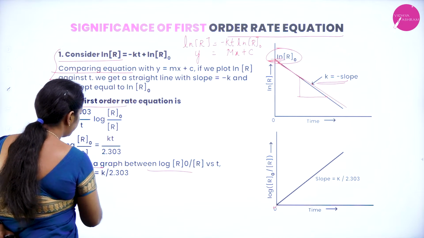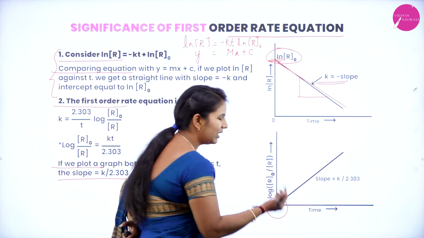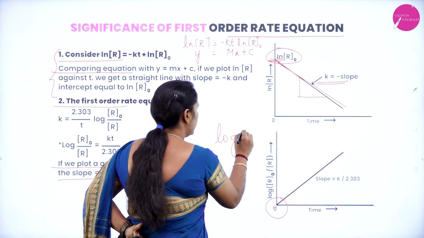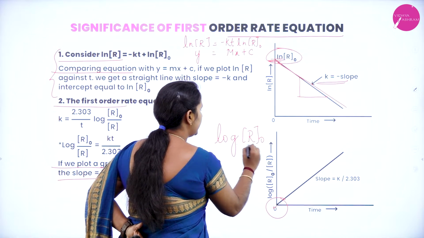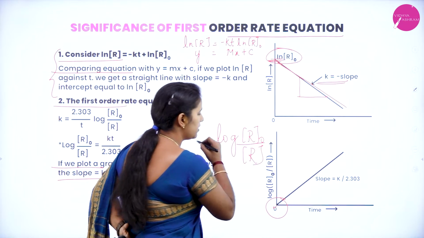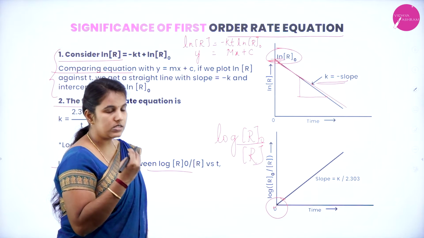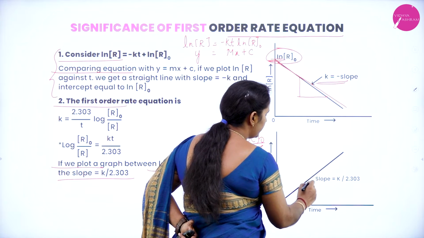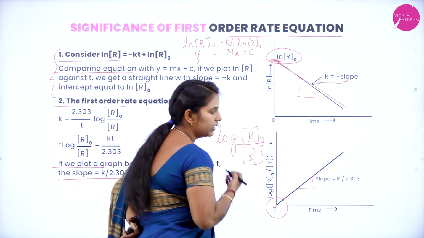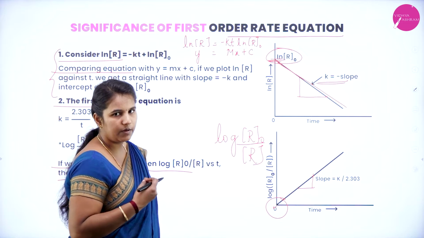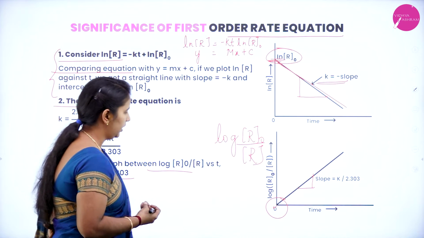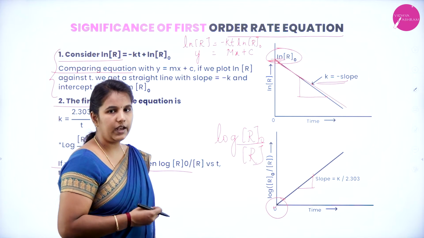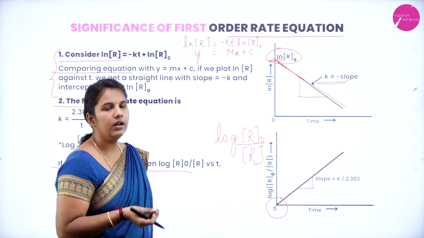This shows that at time 0, the log of the initial concentration of the reactant divided by the concentration of the reactant will be 0. As the time passes, it starts increasing, and if you take out the slope, you will get the k value as k divided by 2.303. This is how we can easily understand the significance of the rate constant.